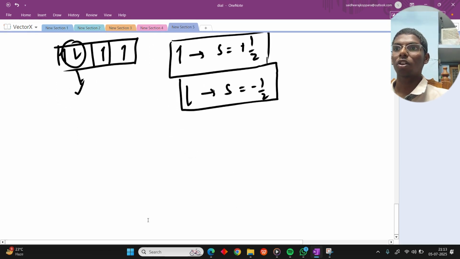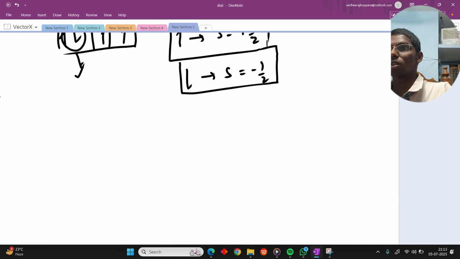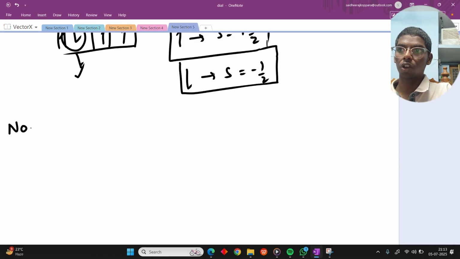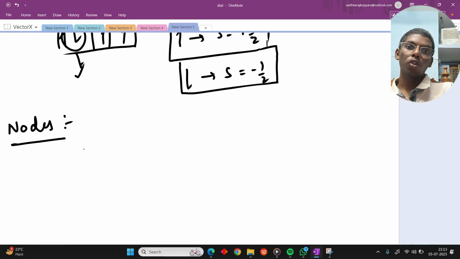This is what I wanted to tell about the quantum numbers. Now coming back to nodes. A node is found where the probability of finding the electron is 0.